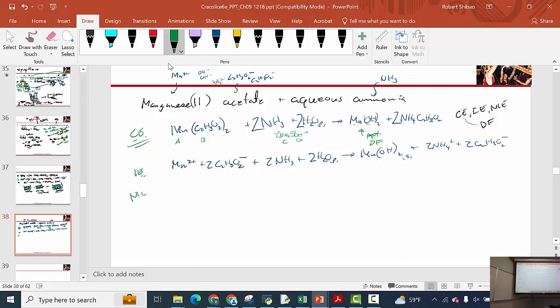All right. Then we go to our NIE. So these are all the major species here. When we go to the NIE, what spectators do we have? Acetate.